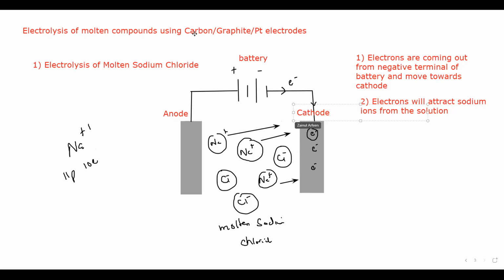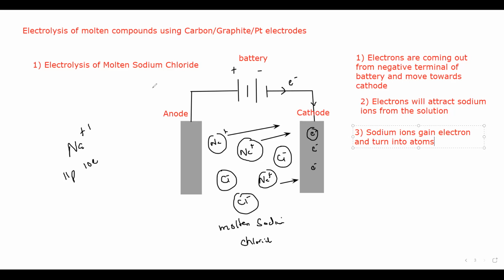The sodium positive ion will gain electron and turn into atoms, because already they are ions.